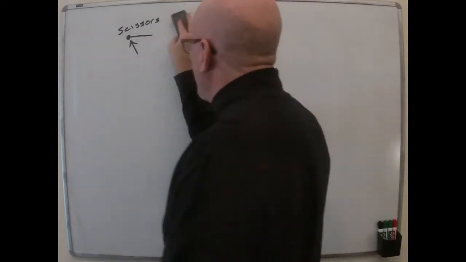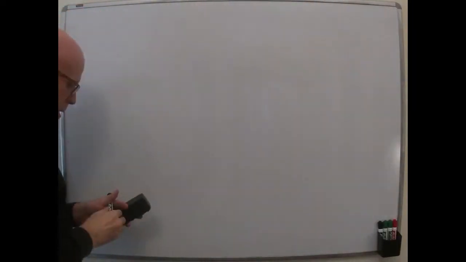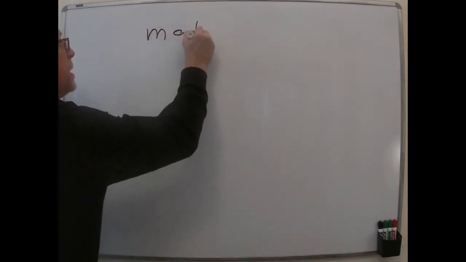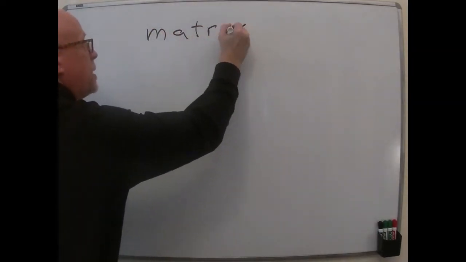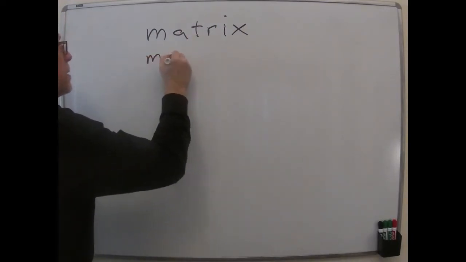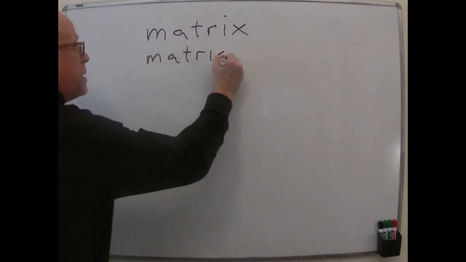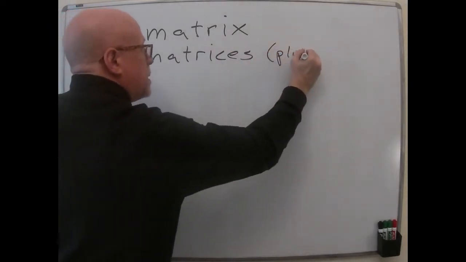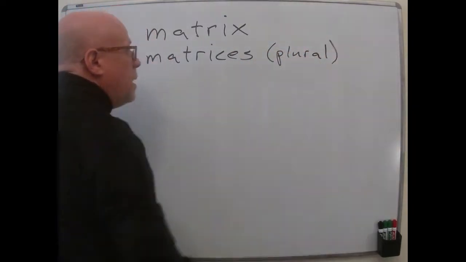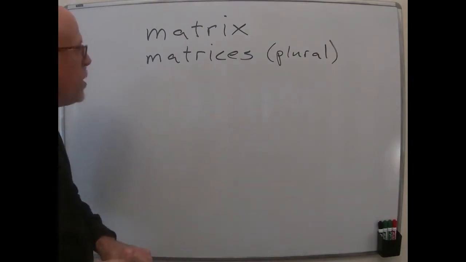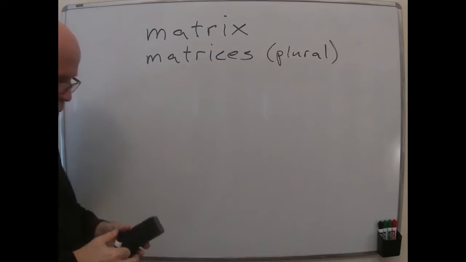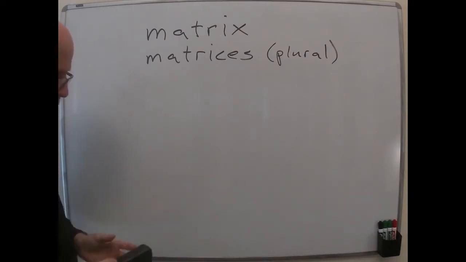Right, so I just said some things about matrices. Oh yeah, that's worth making a point. The singular version of this word comes from the Latin matrix. Pluralized, it's matrices. There's a few words in English, more typically in Romance languages, that are cognates of that.